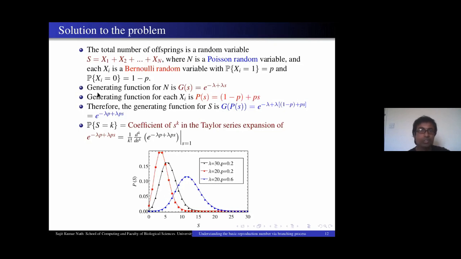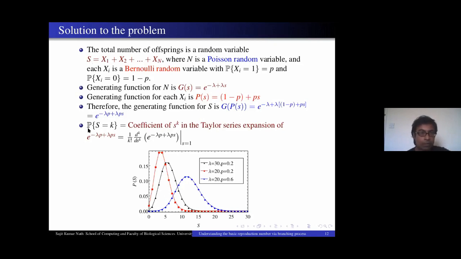So this is the generating function for a Bernoulli random variable. Therefore, the generating function for this random sum of random variables is given by G of P(s), as we just studied in the previous slide. So if you compose the two functions G and P, it gives the probability generating function for S.